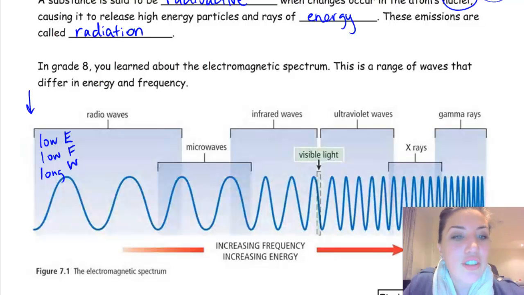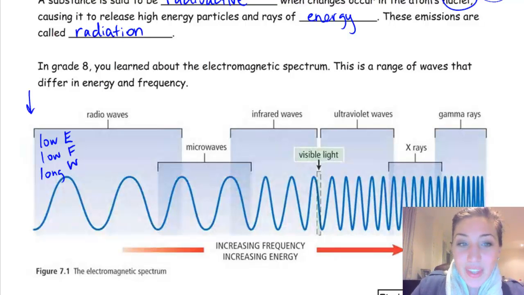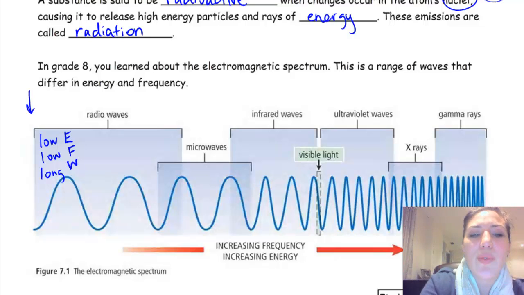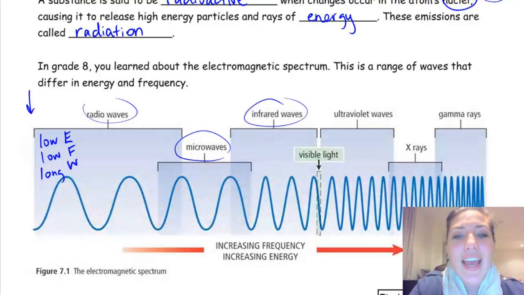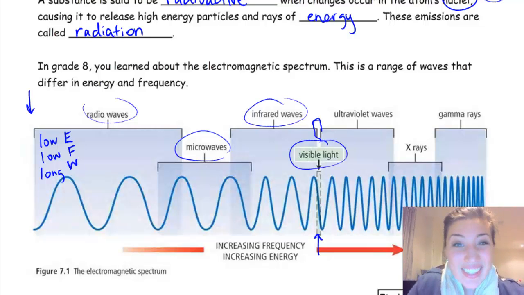So E stands for energy, F for frequency, and W for wavelengths when I write it there. And then as we move along from radio waves to microwaves to infrared waves, then we have this itty bitty little area here of visible light. So in this box, that's the waves that we can see. So that makes our rainbow of colors.